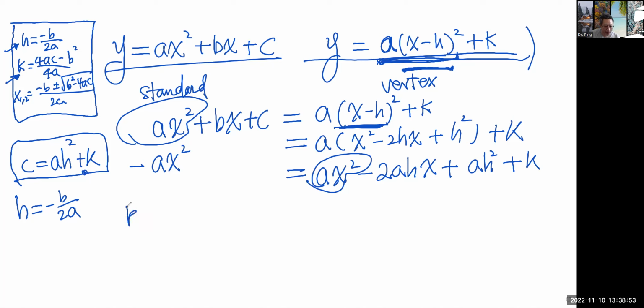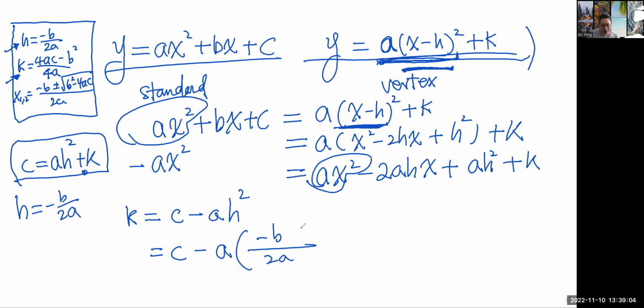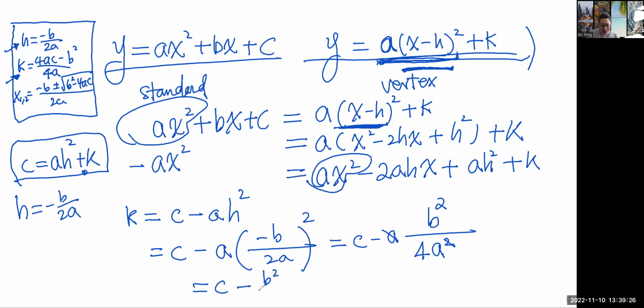So that means k has to be equal to c minus ah squared. And we know what h is, which is minus b over 2a, squared, so c minus a times that. Then negative b squared is just b squared, and 2a squared is 4a squared. Then we can cancel one a, and we got c minus b squared over 4a.